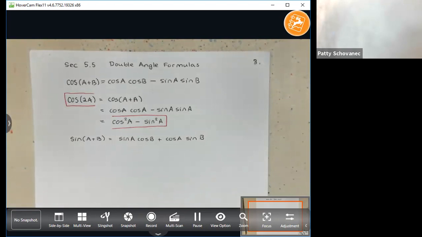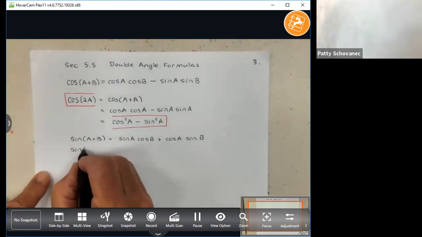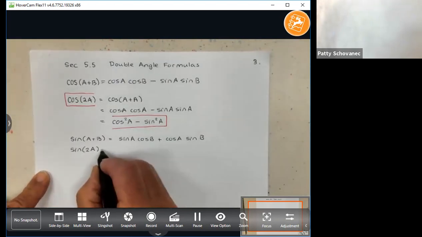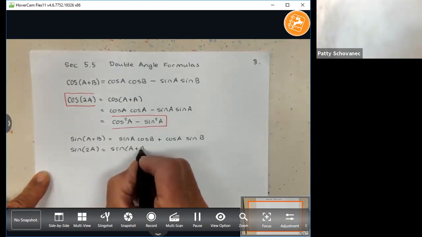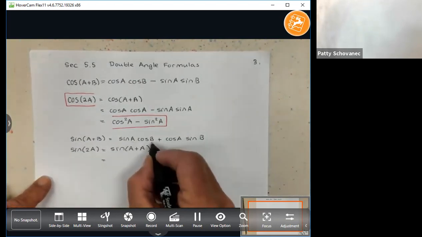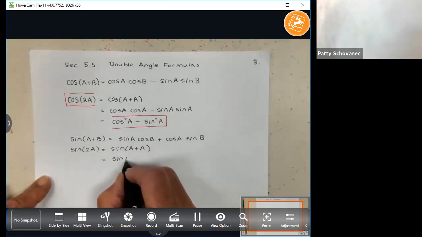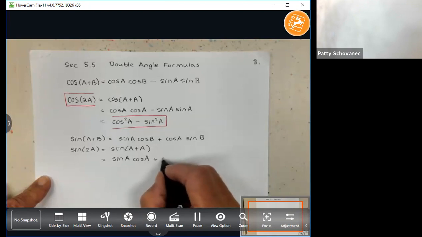So all I got to do is, again, think of 2 times a as a plus a. So go in that formula right above it, replace b with a, and then it'll look like sine a cosine a plus cosine a sine a.